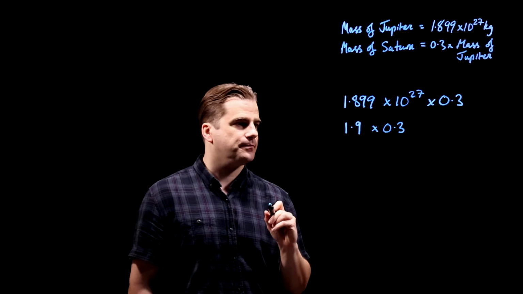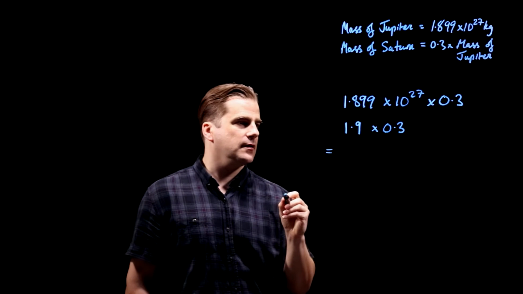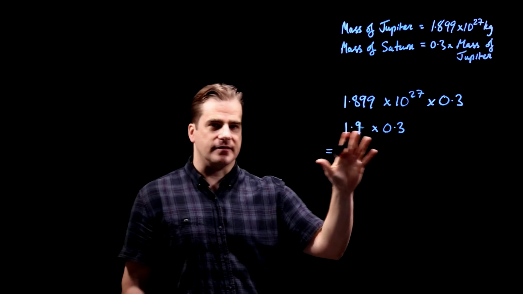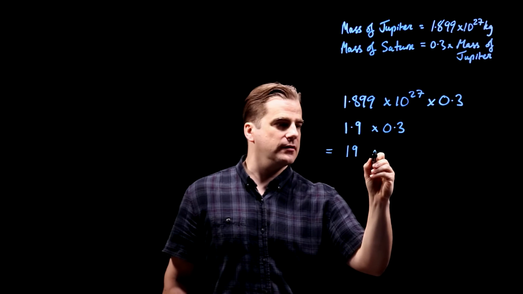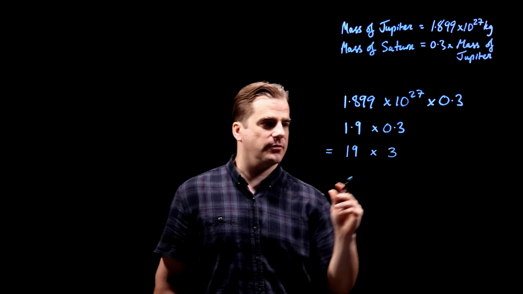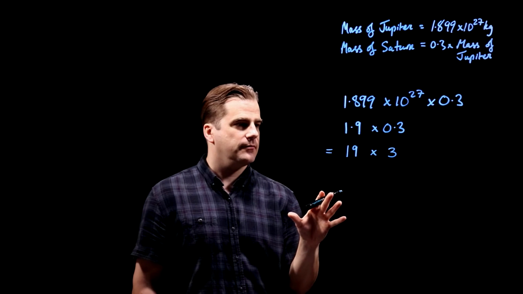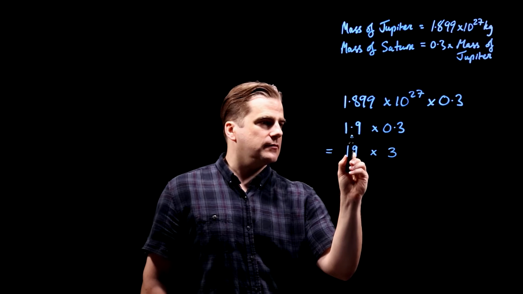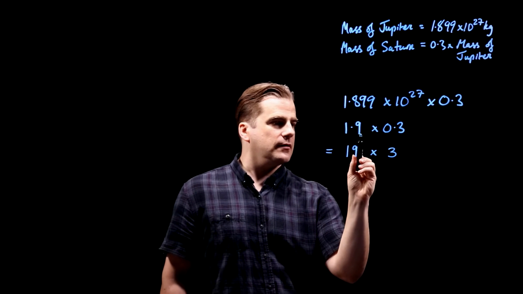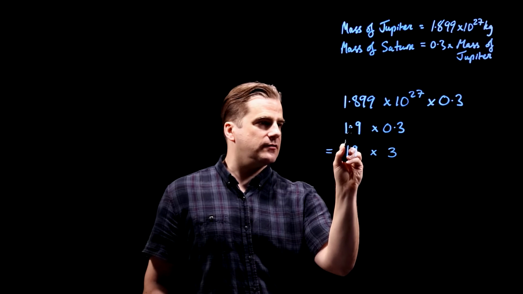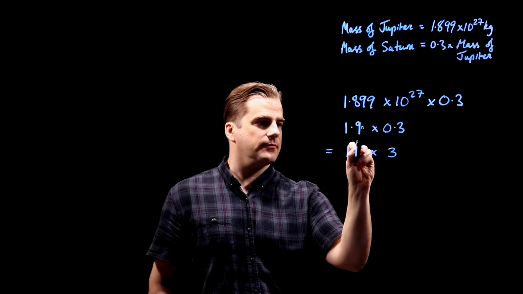So what we'll do, we'll say that that is equal to, I don't like decimals, so we'll just call it 19. And instead of 0.3, we'll just call it 3, because we can do 19 times 3 in our heads easily, okay? So we've converted this into this. What we actually did, to go from 1.9 to 19, we moved the decimal 1 point.